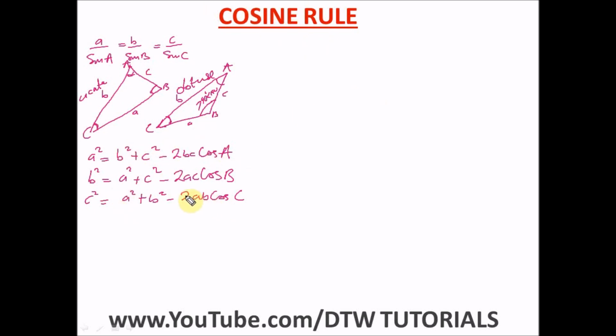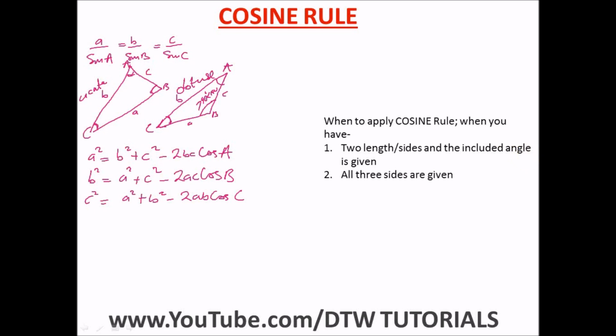So these are the formulas. And when do you apply your cosine rule? You apply your cosine rule when you have two sides and the included angle given.